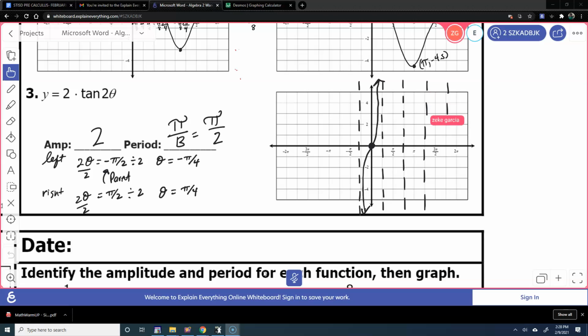It's actually every multiple of pi over 4. So it's going to be like this, and I'm drawing it in red so you can see that it's going to repeat. And of course I didn't go in the left direction, but it does also repeat on the left side.